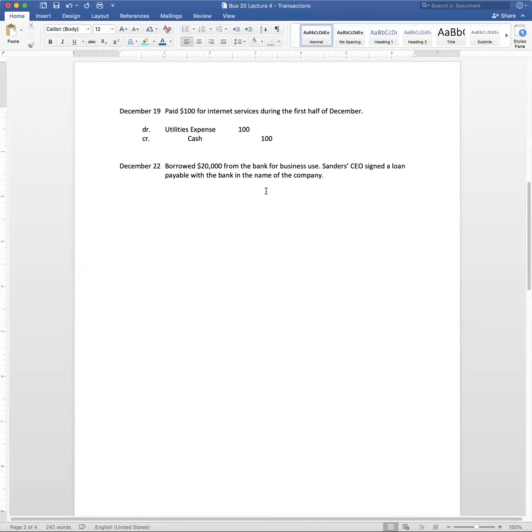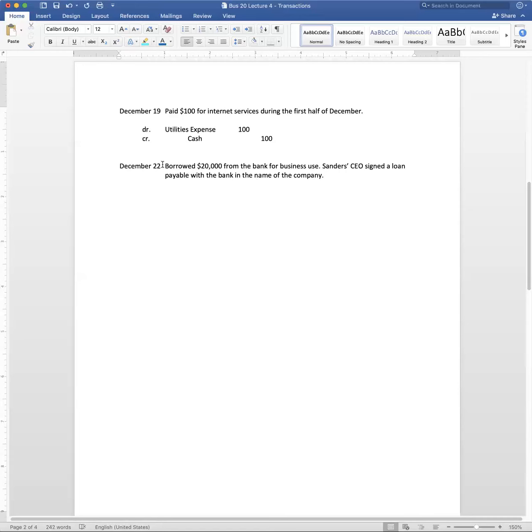They can't sign documents. We need somebody to represent the company in order to sign documents and make commitments and transact on behalf of the company. So that's what the CEO is doing. He's actually performing his job. He's acting on behalf of the company. So regardless, even though the CEO is involved, this is a business transaction and we are going to record it.